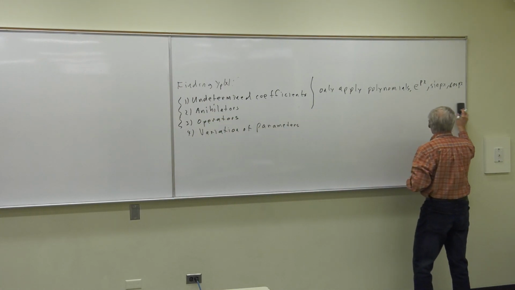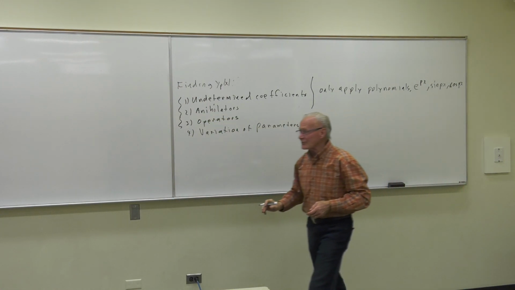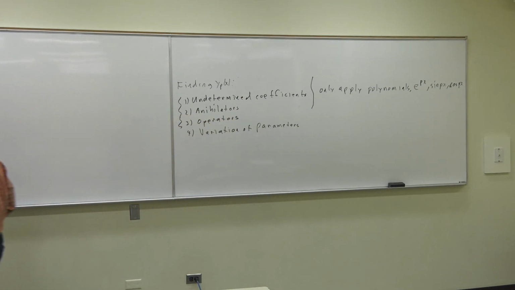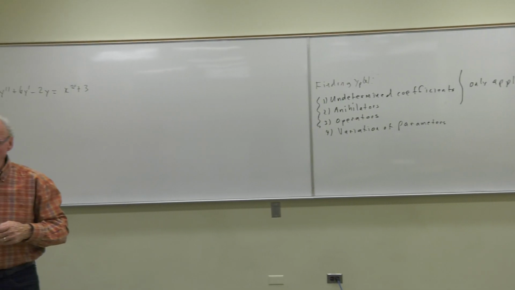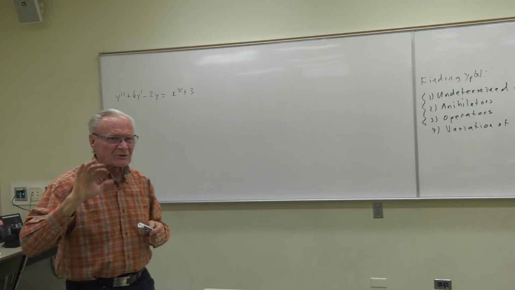So I'm going to illustrate with a few examples to get the ideas going. Example: suppose I give you y double prime plus 6y prime minus 2y is equal to x squared plus 3. Now again, I'm going to concentrate on the y sub p.